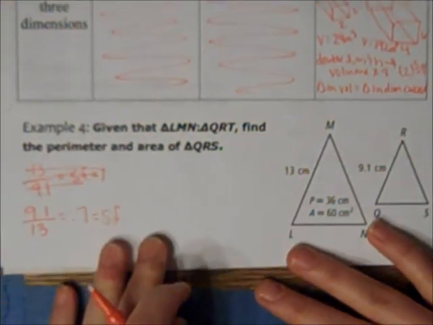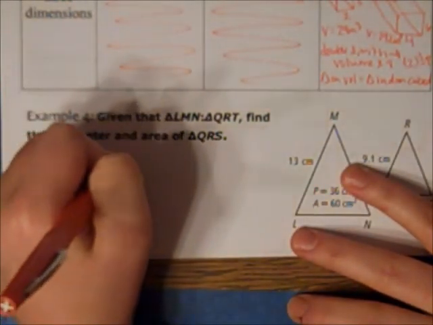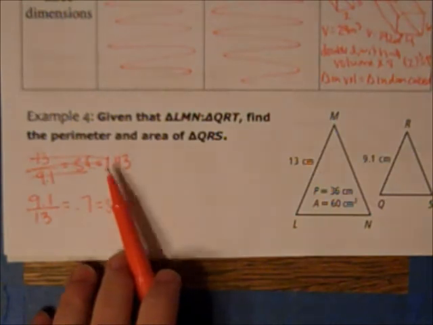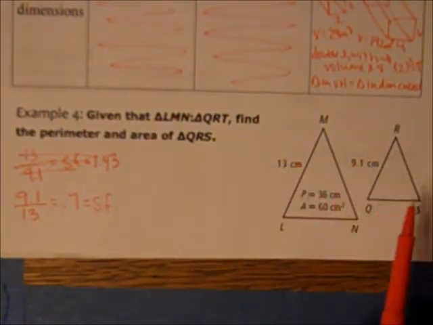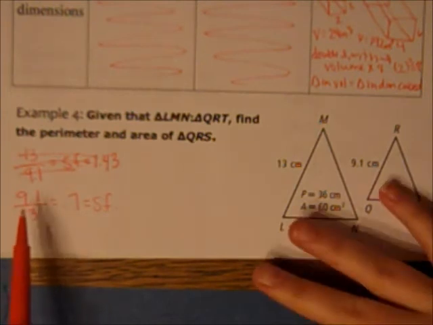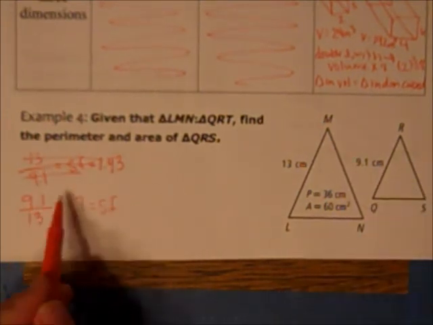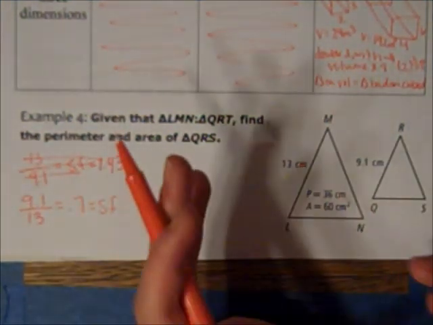Now, that's a common problem, and here's how I knew that I didn't want the other one. What I got on the first one was 1.43. But if I multiply by 1.43, this figure is going to be getting bigger, and it's not. It should be getting smaller. So it was my fault. I should have put the small one on top and the big one on bottom so that I get a scale factor that's less than 1, so that all my other answers are going to be getting smaller.